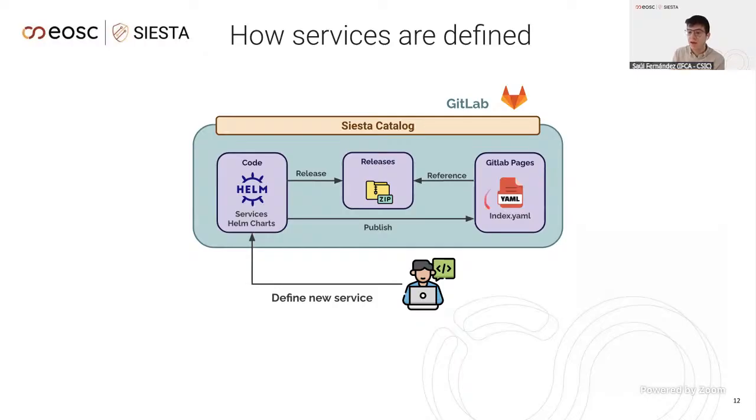This index file is accessible from the outside because it's published on the GitLab pages and basically contains the list of all the services that are defined within the catalog. It contains the description of the services, their versions, their dependencies, and for each service a pointer to the release file that has been uploaded earlier.